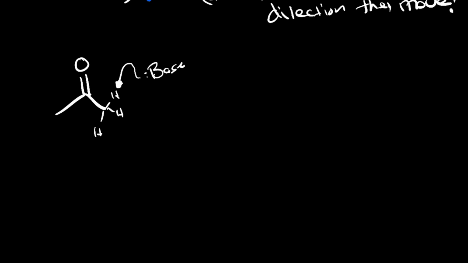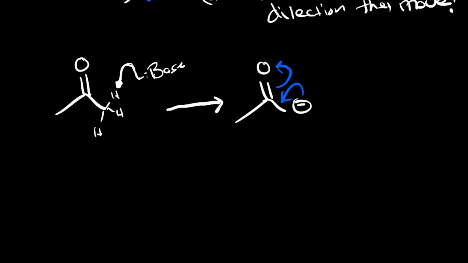These electrons come and grab that hydrogen here, and that's a chemical reaction to generate a negatively charged carbon on that side. This negatively charged carbon can now participate in the resonance structure, distributing that negative charge better, which is why you can actually pull that proton off, excuse me.